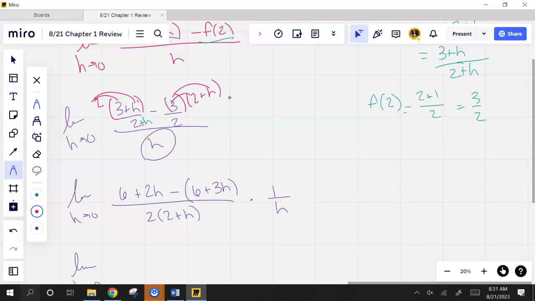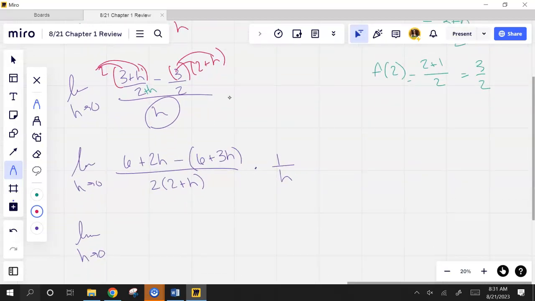Yeah, it will be. So up top, yes. So 3 plus h over 2 plus h? Did you just make it 3 over 2? When it's what? 3 plus h.